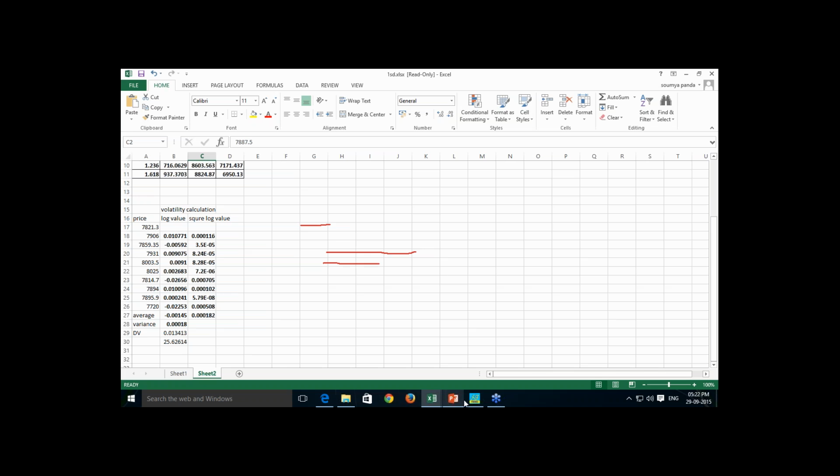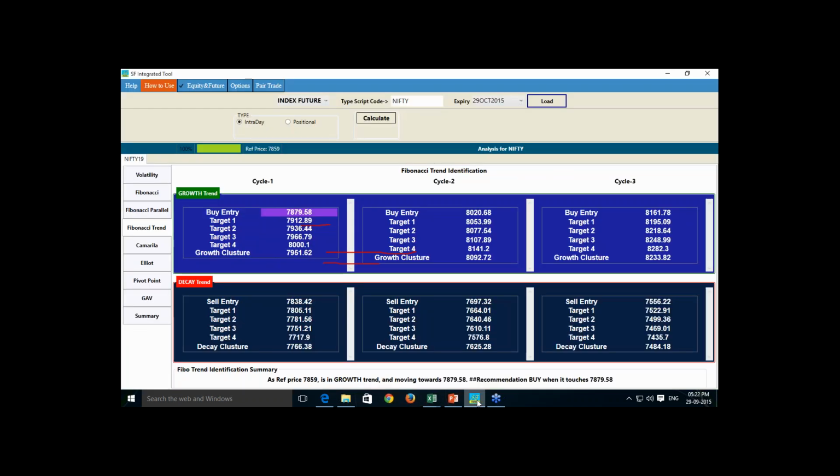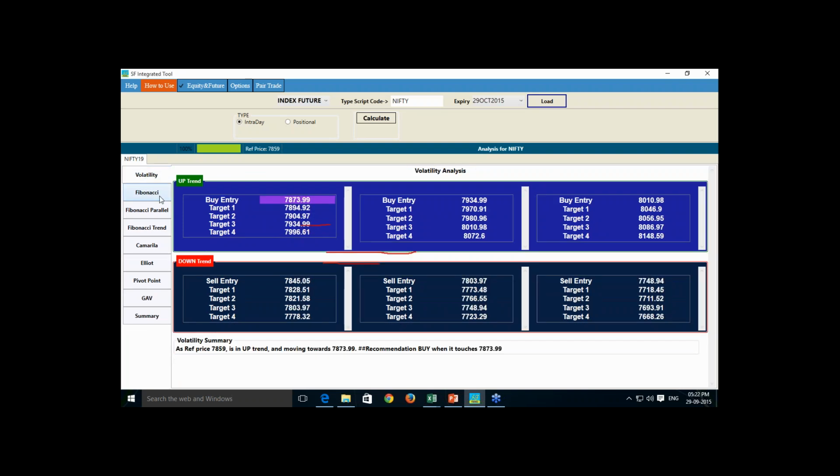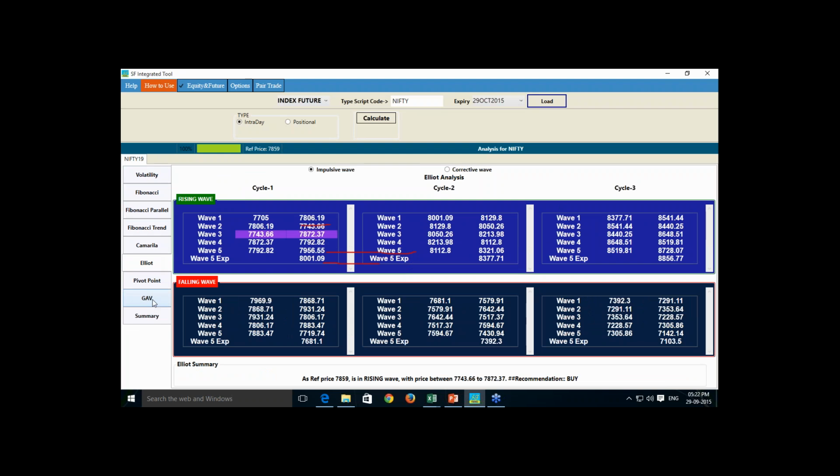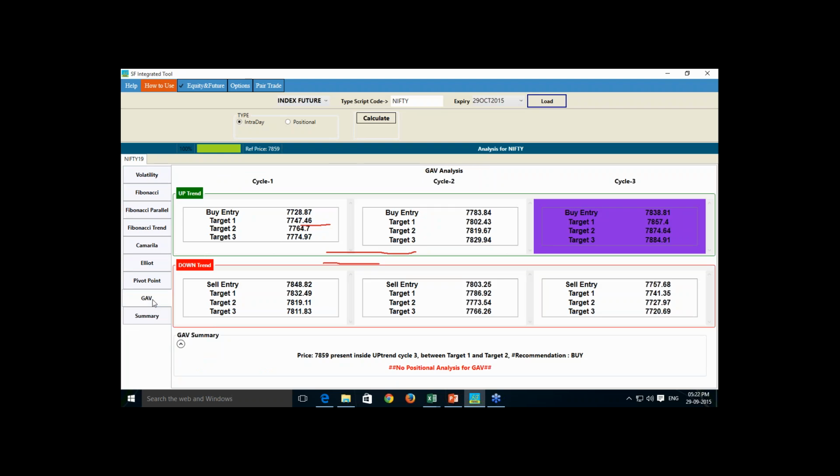Using the same concept, those who are using our software, we have extensively used this concept in our software programs. We have extensively used the same concept in the volatility, in the Fibonacci, in the Elliott principle, in this GFE.